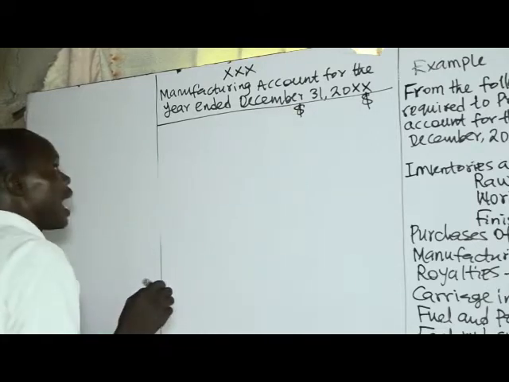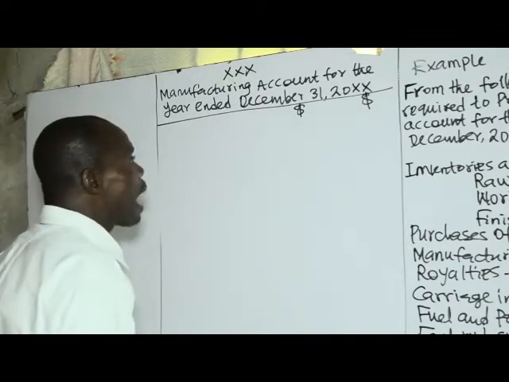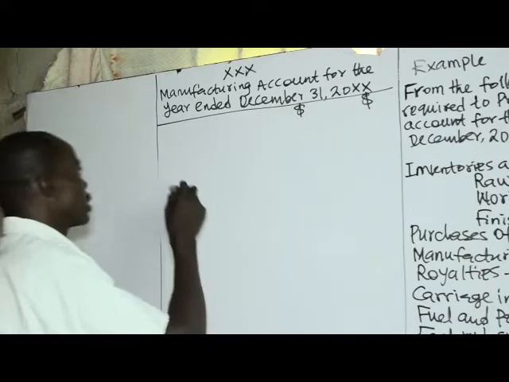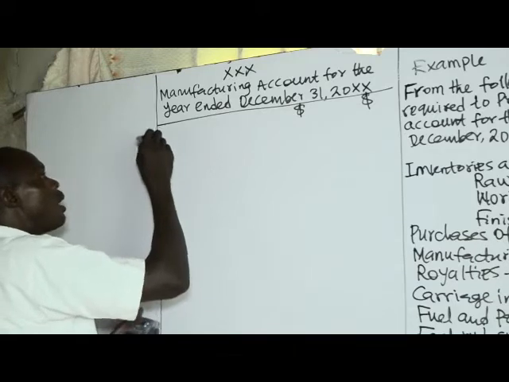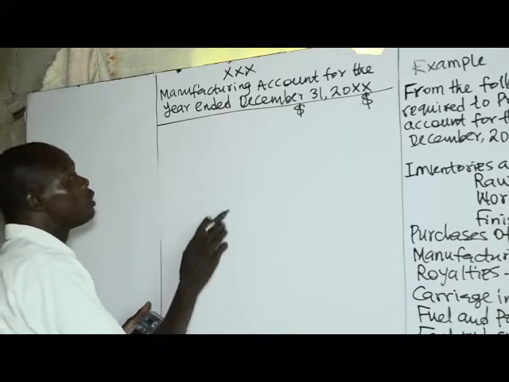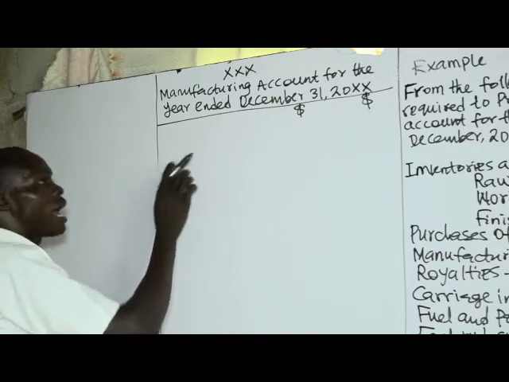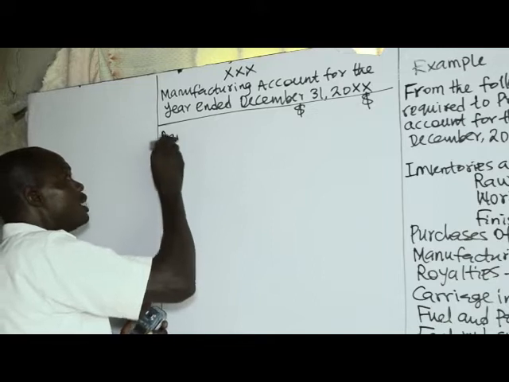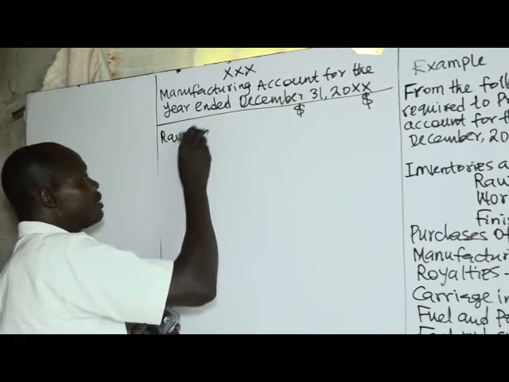So I've told you that you want to ascertain your prime cost. And I've told you that your prime cost is the direct cost. The first component of prime cost is direct materials, which is the same as the raw material consumed. So I've told you that to ascertain that, you start with the items of raw materials.